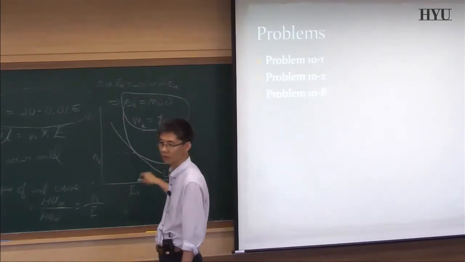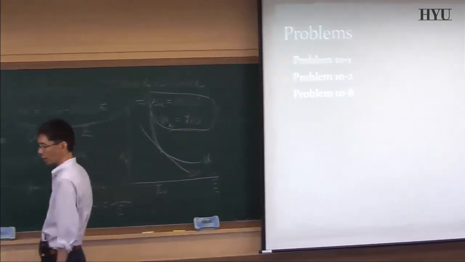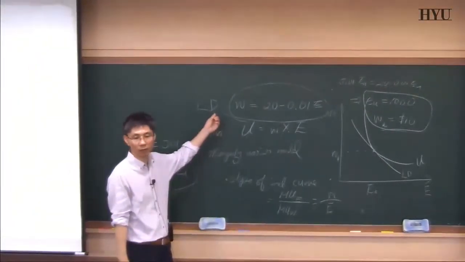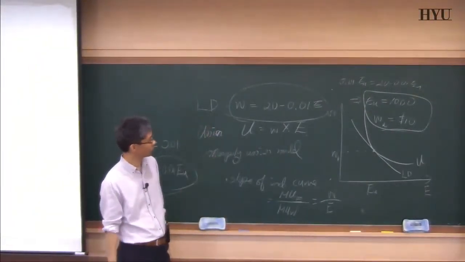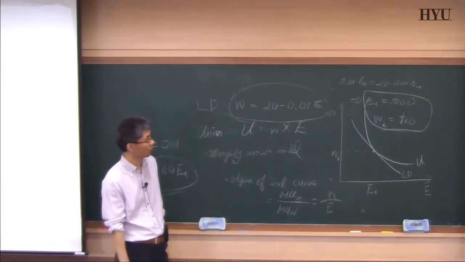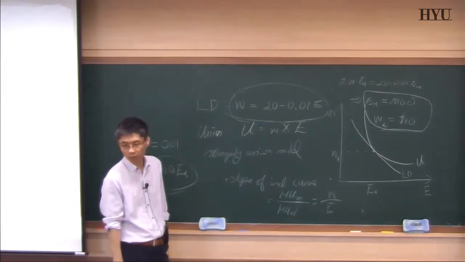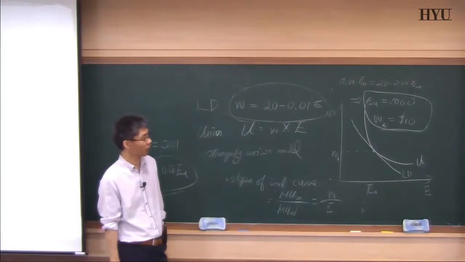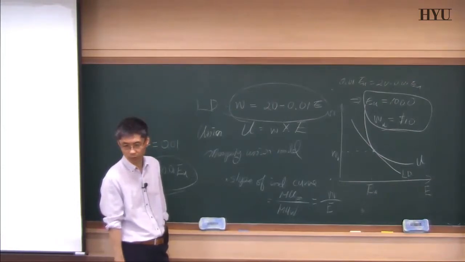So if we know how the monopoly union model works, and we know the labor demand curve and the union's utility function, then we can calculate what union members would get and how many union members would be employed: $10 and 1,000 members.